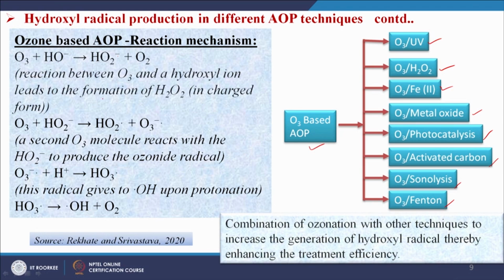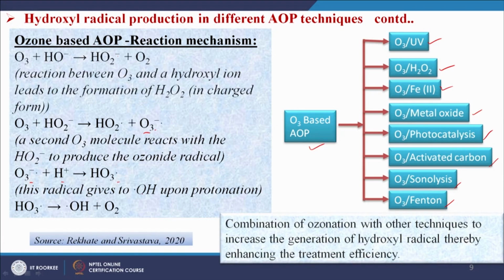That is the first step, and then O3 plus HO2 minus gives us HO2 dot plus O3 dot minus. A second ozone molecule reacts with the HO2 minus to produce the ozonide radical, and this ozonide radical further reacts with H plus and gives us HO3 dot.